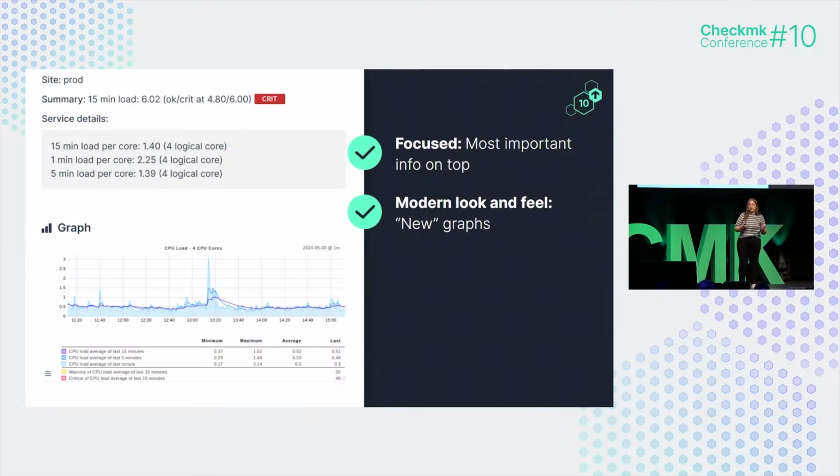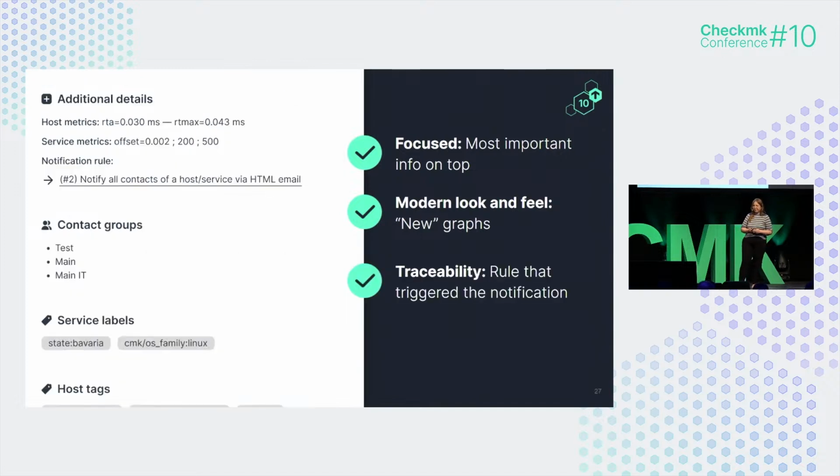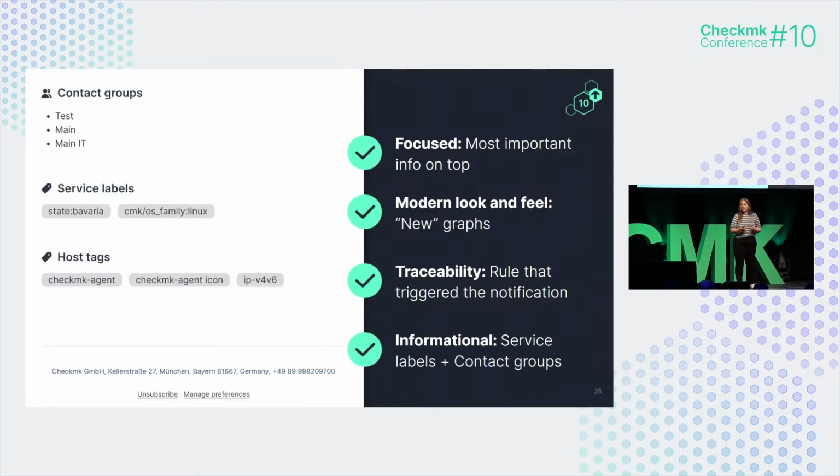We are introducing a modern look and feel with finally including the not-so-new graphs. Also, the new email notifications have improved traceability, as we now include the notification rule that triggered this specific notification. And to round out the content, we also added contact groups and service labels, making it even more informational.